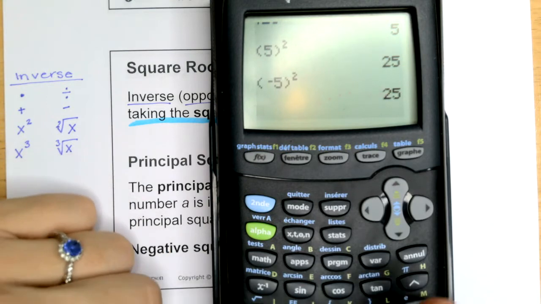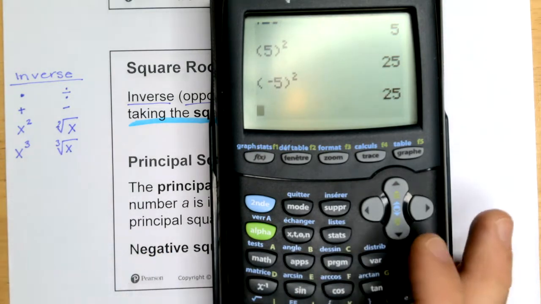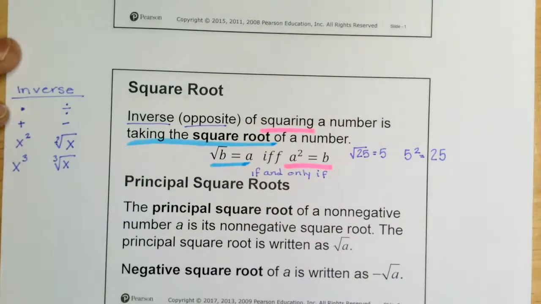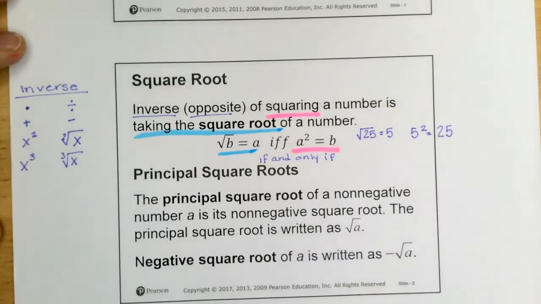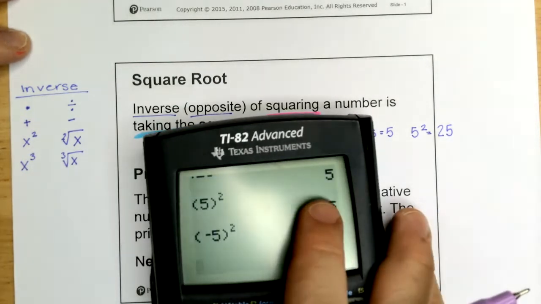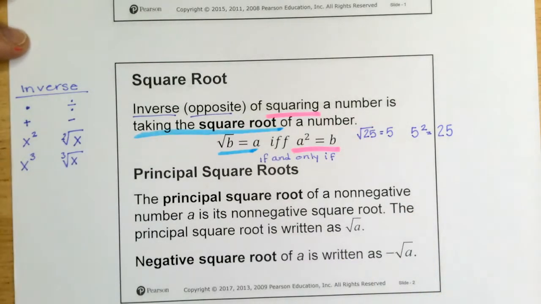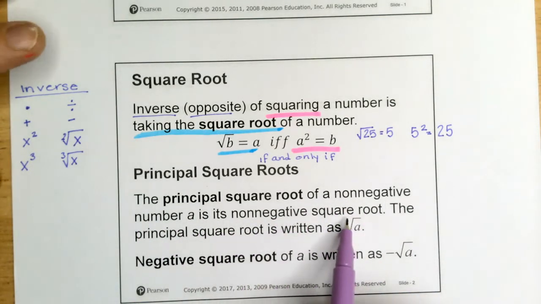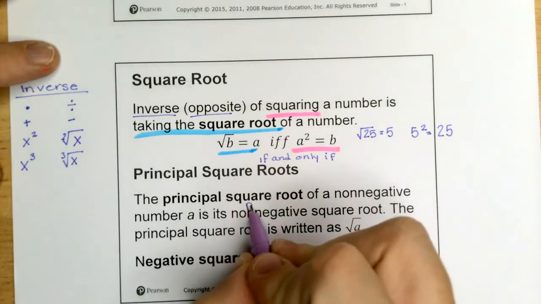Because 2 negatives multiplied by each other make a positive. We call the positive one the principal square root. The principal square root of a non-negative number a is its non-negative square root.